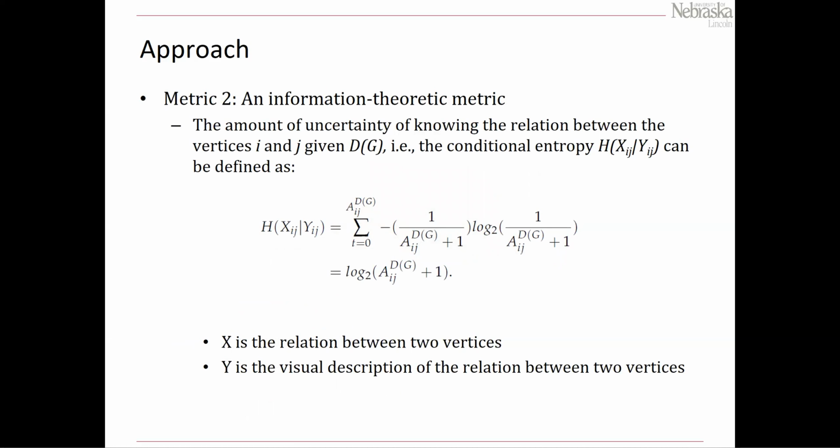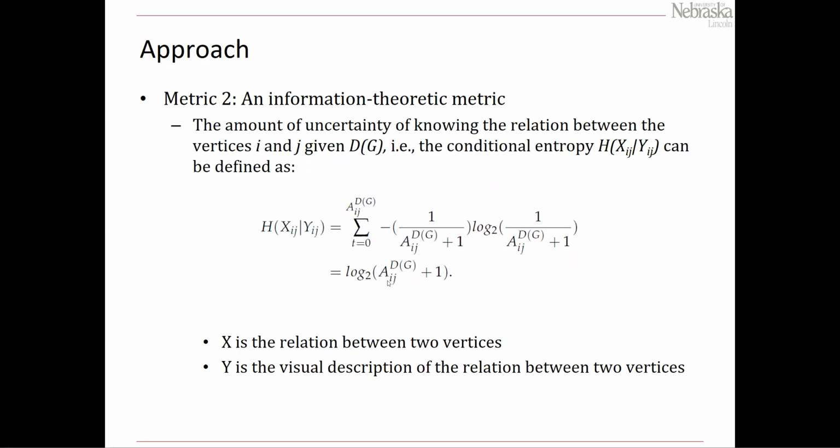The basic idea is, given y, which is a visual description of the relation between the two vertices i and j, and x is the relation between the two vertices, the question is, given the visual representation between the two vertices, how much conditional entropy we can obtain from the visualization. We model this conditional entropy using this equation.